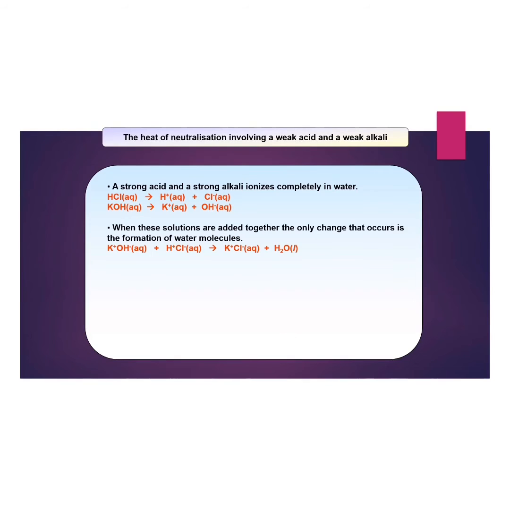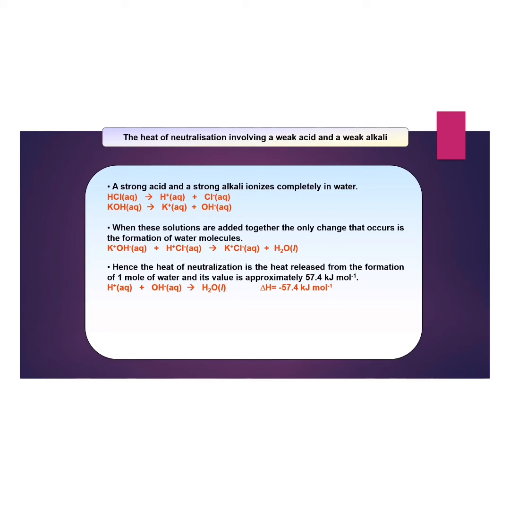Why do a weak acid and a strong alkaline have a lower value compared to a strong acid? Let's recall our prior knowledge. A strong acid produces a higher concentration of hydrogen ions because it is ionized completely in water. A weak acid ionizes only partially in water to produce a lower concentration of hydrogen ions.